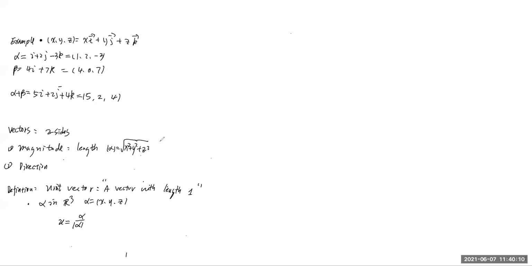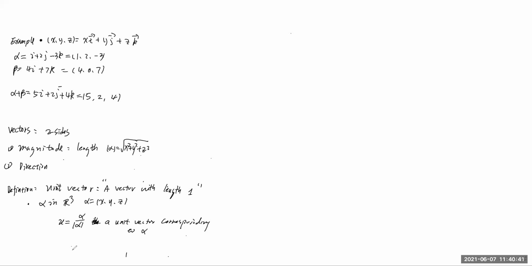For any non-zero vector, you can do this. So this u should be a unit vector corresponding to alpha. What do you mean by that?